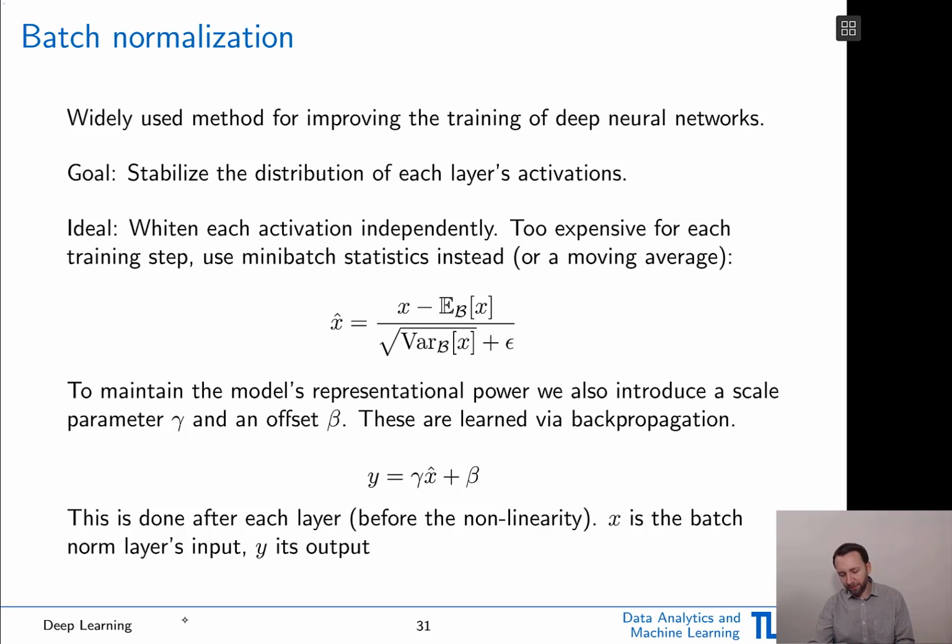Because before we have removed the offset and normalized the scale, and this might lead to a layer which is not as expressive as before, because we always have this shift removed. So instead of operating on this normalized data, we indeed operate on this scaled and shifted back data, so to say.